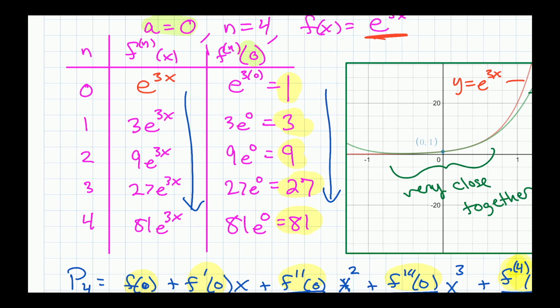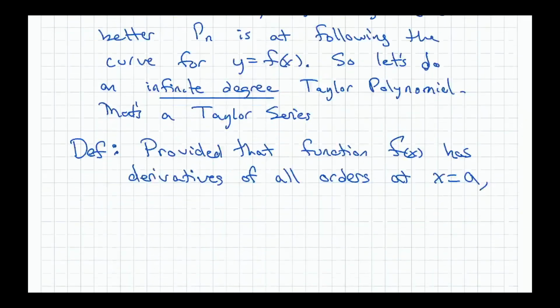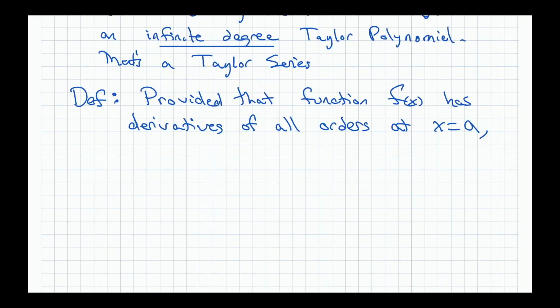We're talking about first, second, third, fourth, fifth, keep going, 100th, 500th, 1000th, millionth, billionth. All of those derivatives have to exist, and you have to be able to plug a into them in order to get your infinite degree Taylor polynomial. So you need derivatives of all orders to exist, otherwise you can't even do this.